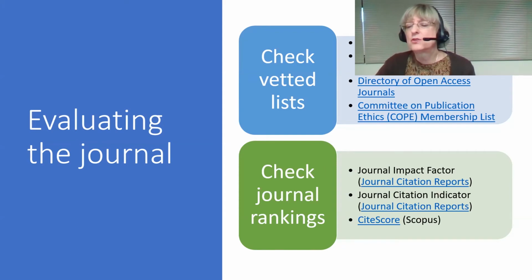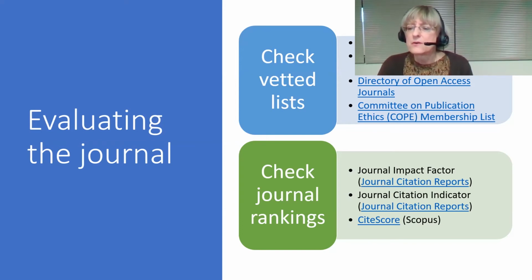And again, this directory has standards, and you have to meet those standards in order to be included in this directory. And so this is a very good directory. This is where you want to go if you want to check on an email solicitation from an open access journal, because if it's a legitimate open access journal, it should be listed in this directory.